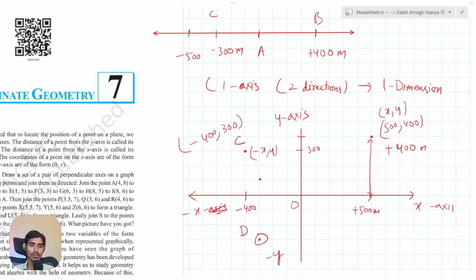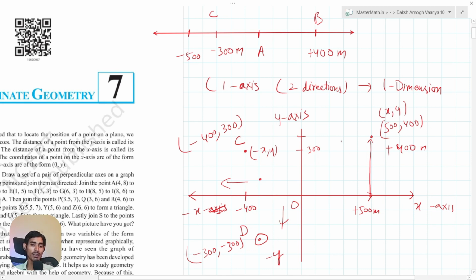Sir, is it minus 300 comma minus 300? Both are minus, yes, because we traveled left of the origin and south of the origin. So both are going to be negative.